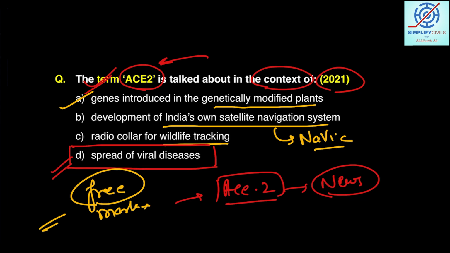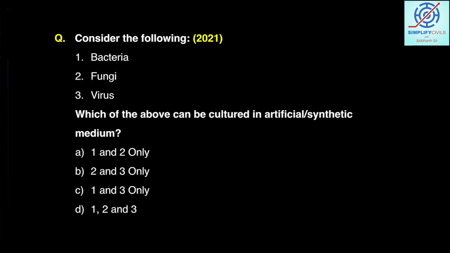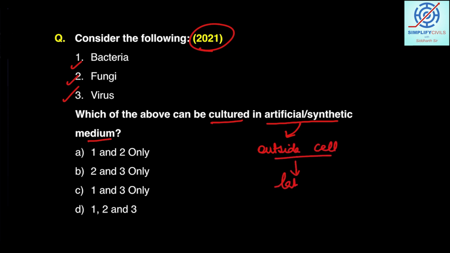Okay, let's try to solve other questions now with respect to viruses. Another question came in 2021. It asked which of bacteria, fungus and viruses can be cultured in an artificial or synthetic medium. Artificial and synthetic medium means outside the cell, in laboratory conditions. Culture here means multiplication.